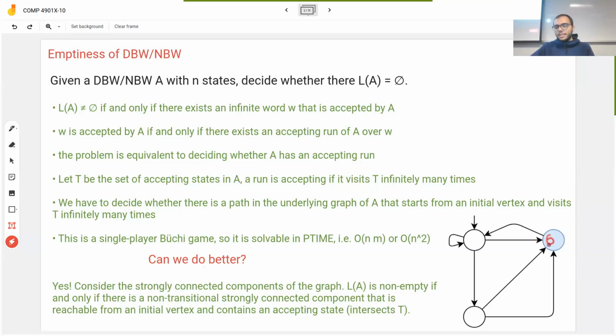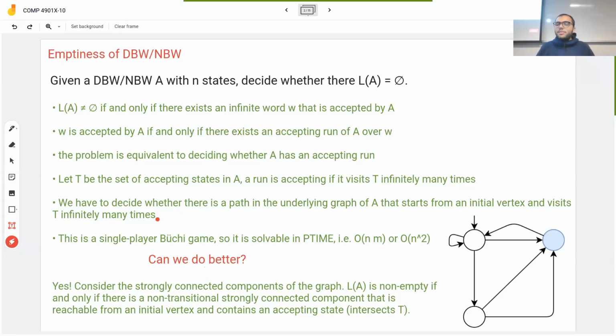So it has to visit the accepting states, the blue states, infinitely many times. So basically my question is, let's look at this automaton as a graph. Is there a path in this graph starting from one of the initial vertices that sees these blue vertices infinitely many times? Do I have a path in my graph that starts at the initial vertices and visits T infinitely many times?